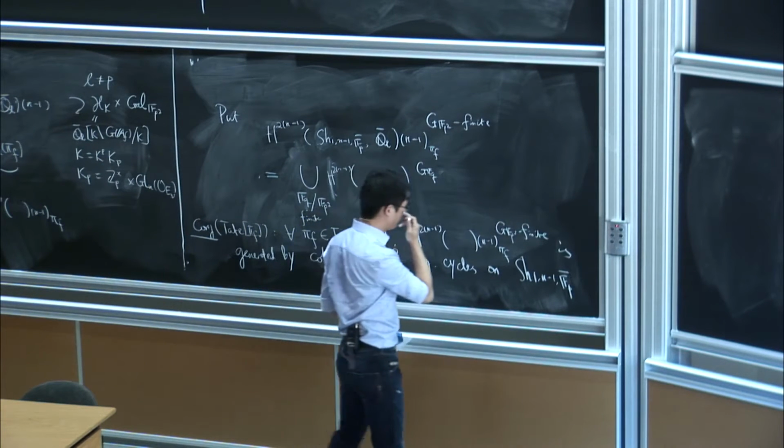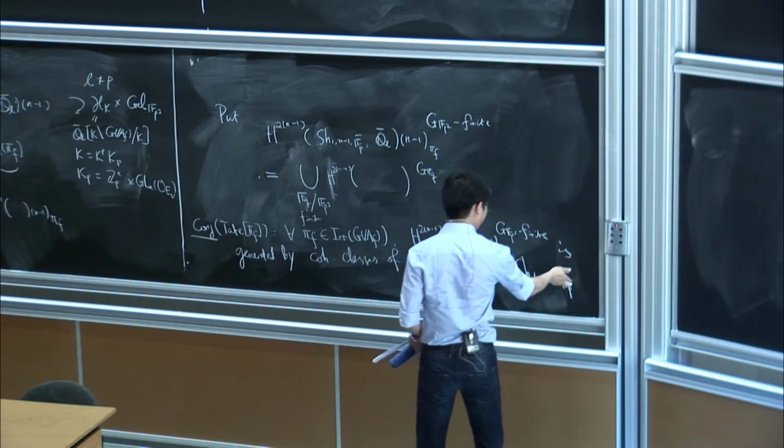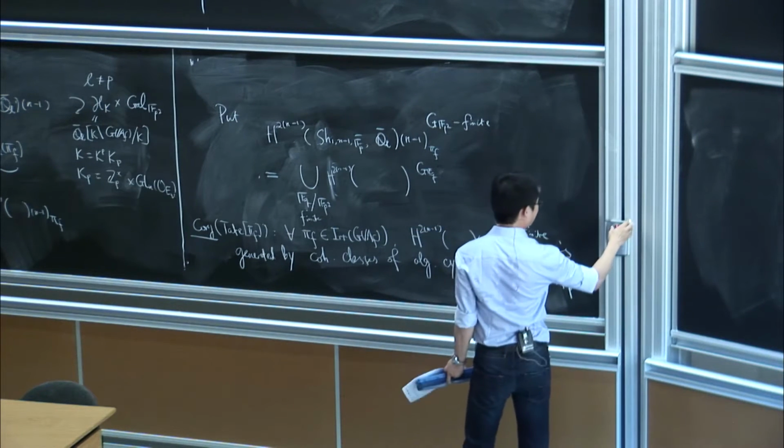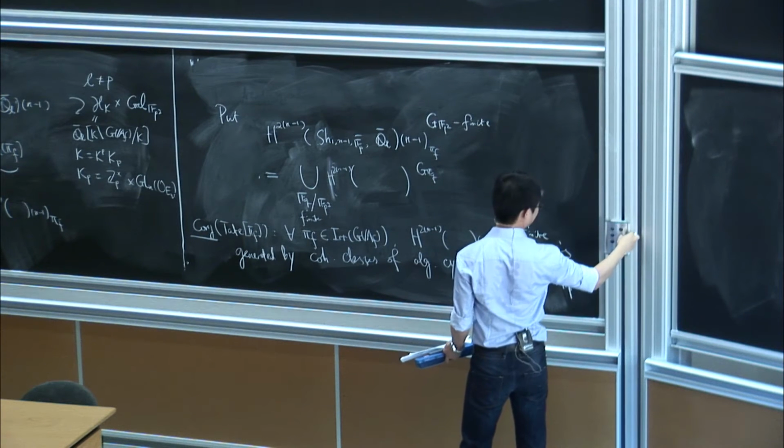So since we consider geometric Tate cycles, you base change everything to F_p bar.